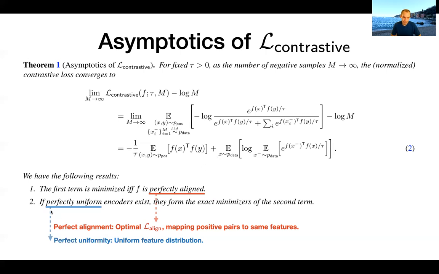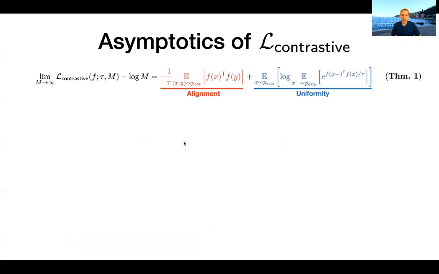And if perfectly uniform encoders exist, they form the exact minimizers of the second term. So the contrastive objective, in other words, can be understood as the composition of two properties that we might care about, alignment and uniformity. And asymptotically, minimizing the contrastive objective will result in aligned and uniform representations if that is achievable.